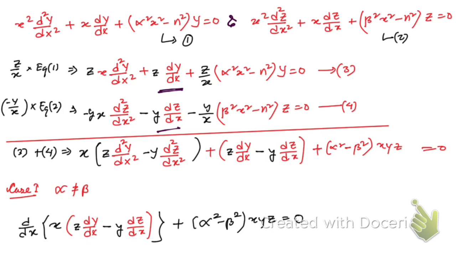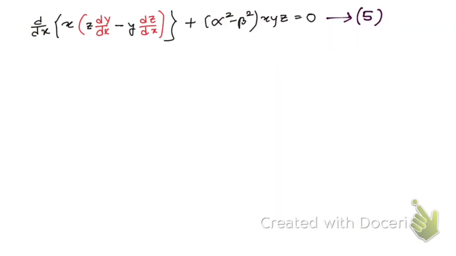So that's what we have got. Let me take this as equation number 5. Now let me copy this and go to a new slide. So this is equation number 5.